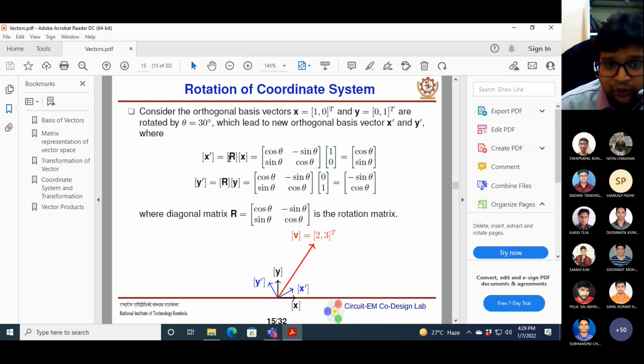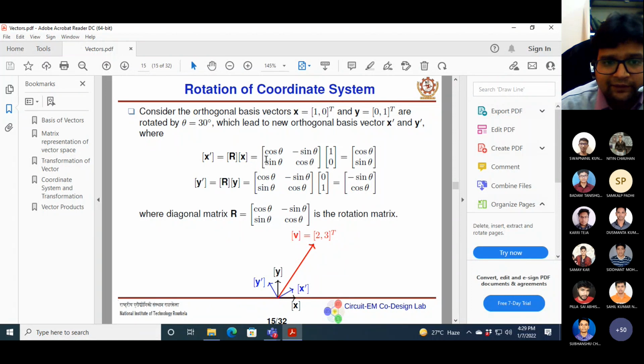Now I want to find out what x prime and y prime are. That is basically the rotation matrix multiplied by the original x. This rotation matrix is cos theta, sin theta and minus sin theta, cos theta.